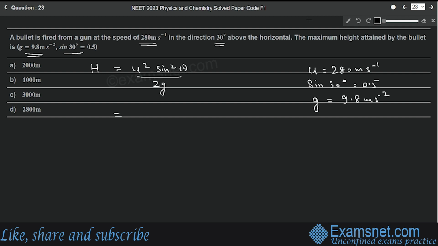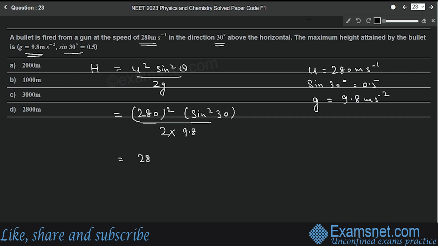u is 280 meter per second, so u square means square of 280, right? 280 square into sine square theta. Theta is 30° here, right? So sine square 30° divided by 2g. 2 into g is 9.8 meter per second square.